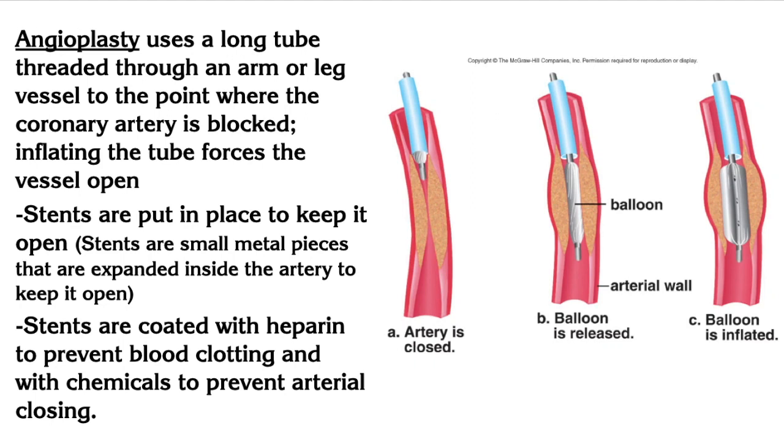So a long tube is threaded through, and then we inflate a balloon, forcing the blood vessel to be pushed open. Then we have stents, which are small metal pieces that are expanded inside the artery to keep it open. These stents are coated with a chemical which prevents blood clotting. So this prevents the artery from closing in the future.